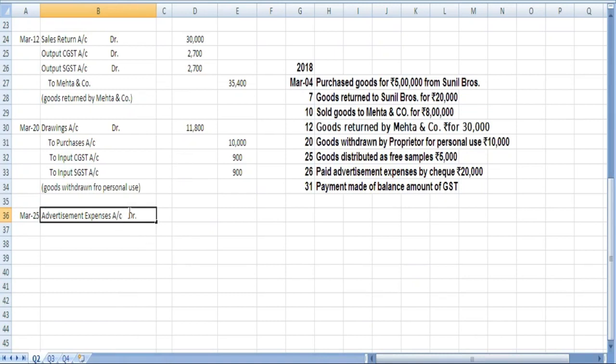Now these free samples are given away as free, no charge is taken for this, so it will be charged as expense on advertisement. So in this case we will reverse the purchase. Now the other question, March 26, we will do, and then we will understand what is the difference for this.